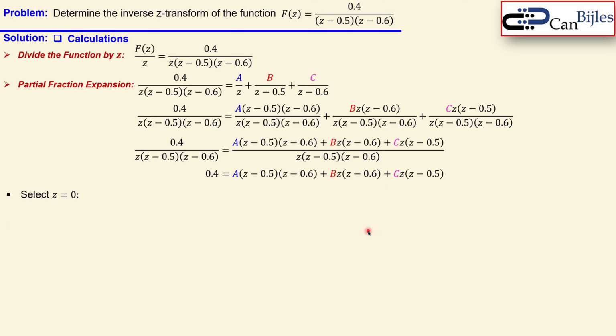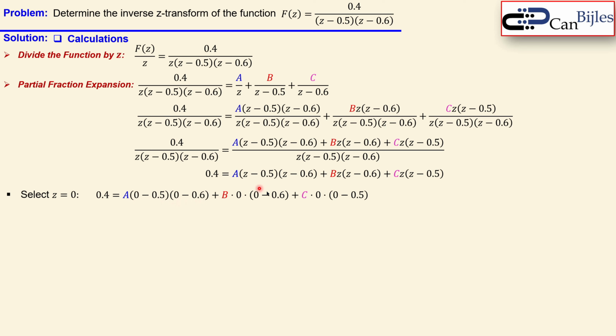Now we can again use the same procedure as we did in the previous example. We select a value for z such that one unknown is left, so we can select now z equal to 0. Why? Because then the b and the c will disappear because they will be multiplied by 0. You can see that effect here, so it will be 0.4 on the left side and then a times this.